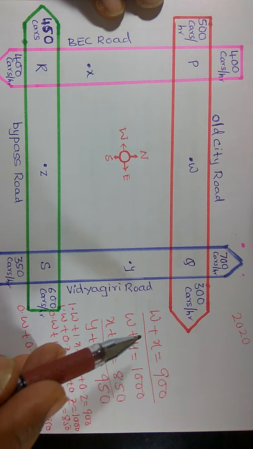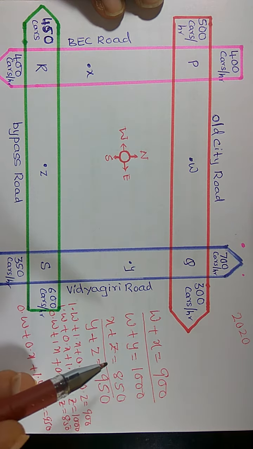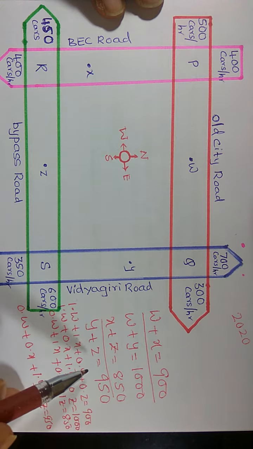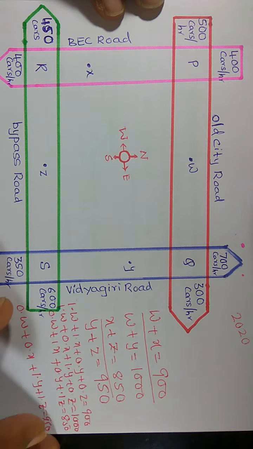How do we find out the values of the unknowns, namely W, X, Y, Z? How many unknowns are there? Four unknowns are there. I can find the values of the unknowns by using the Gauss elimination method. I can write down a matrix equation, or a matrix.